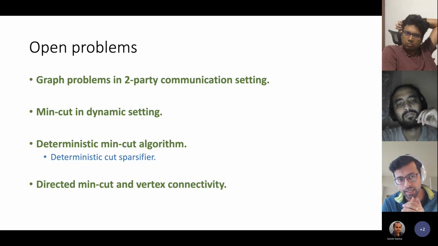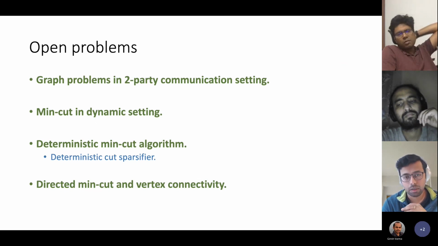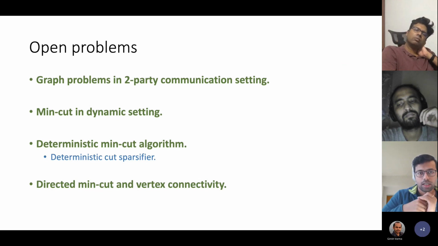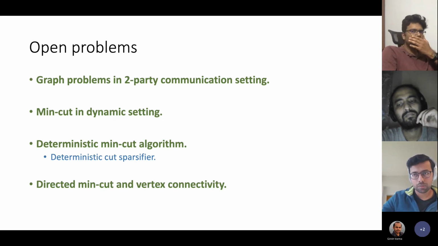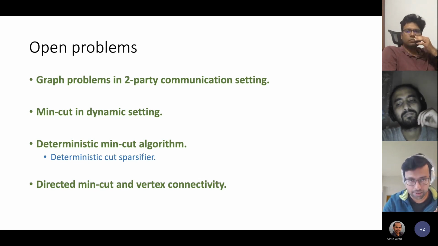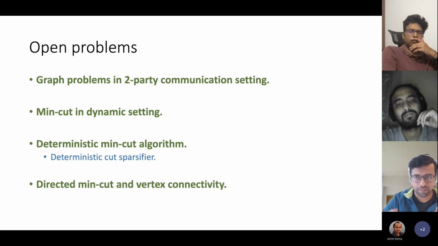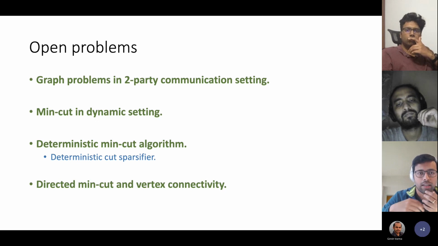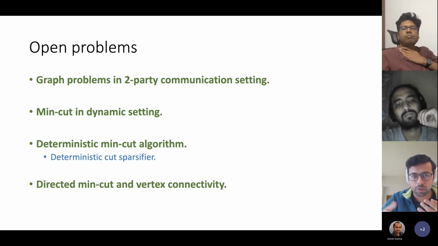Another direction would be to study the min-cut problem in the dynamic setting. In a dynamic setting, you are given an input, you compute the min-cut, but now the input might change. You get updates on the input, that some edges might vanish, some edges might get bigger, and so on and so forth. The idea is that you cannot keep on computing min-cut afresh every time an update comes.